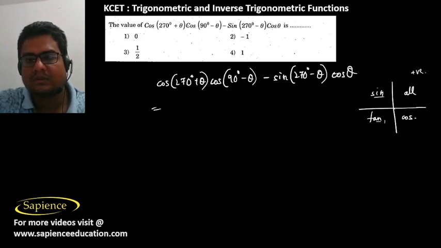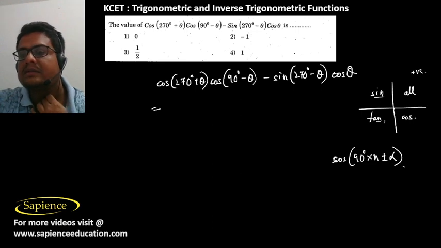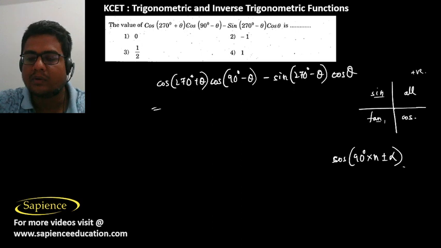So now 270 degree plus theta comes in the fourth quadrant. There is a rule that if we have cos of 90 degree into n plus or minus alpha, where alpha is a positive acute angle, then if n is an even number, it means 90 degree into n is an even multiple of 90, then the function will remain the same.